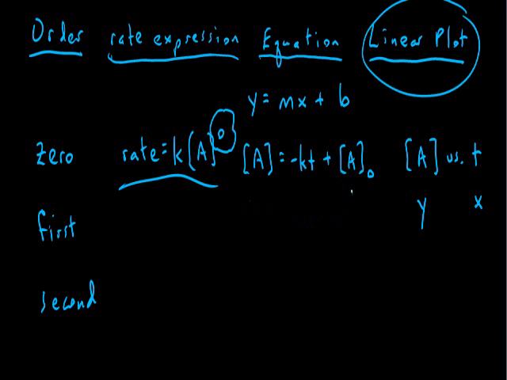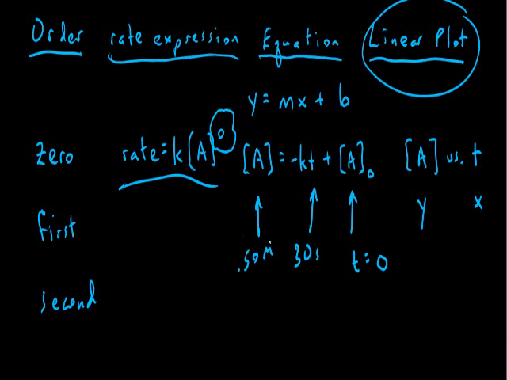The nature of the data is that this A sub naught represents our concentration of A at time equals 0. The A over here represents the concentration of A after some time t has passed. So if we can measure the concentration of our chemical as the reaction proceeds and say that after 30 seconds the concentration of A is 0.50 molar, we could put that data into this equation.